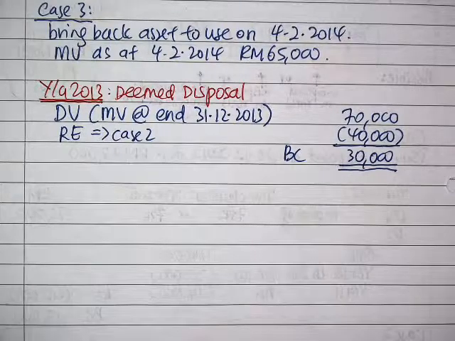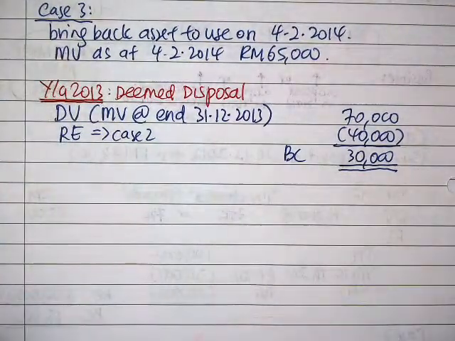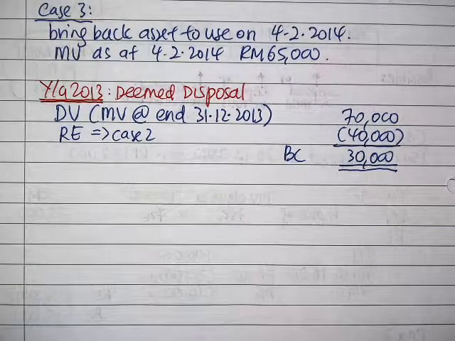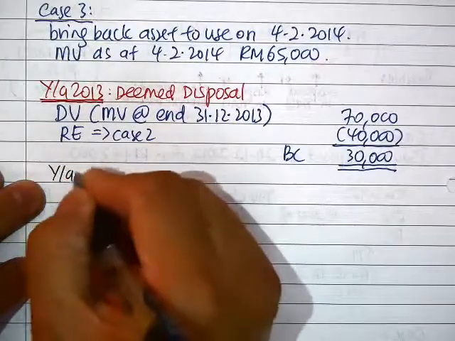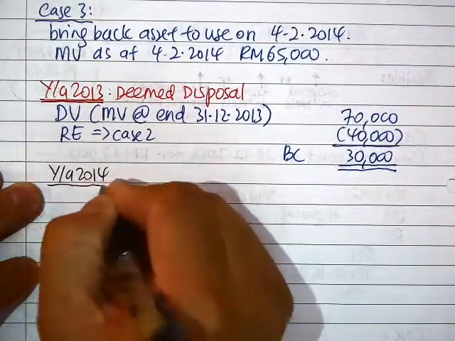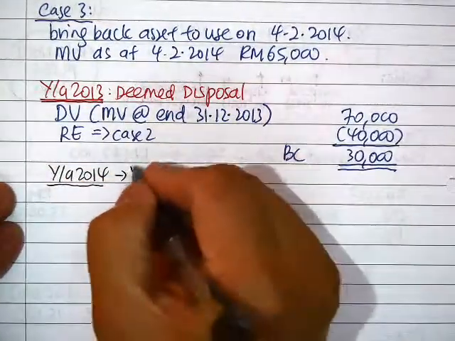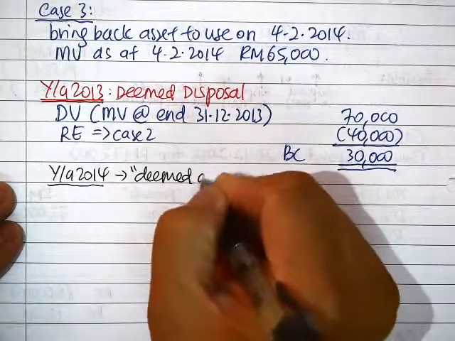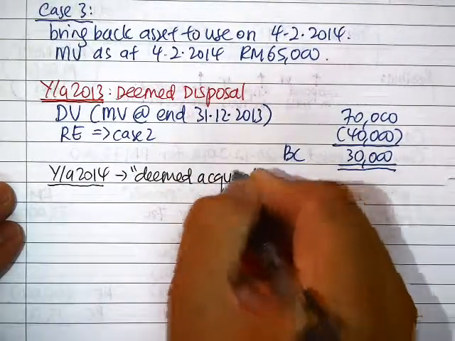Now let's say in 2014 you dispose already. You didn't use it. Let's say in 2014, instead of bringing it back, you dispose, then nothing happens, because it's deemed disposal. So no adjustment. But instead of disposing in 2014, let's say you bring back and use the asset, you change your mind. That means in 2014 it is considered that you are deemed to have acquired back the asset.